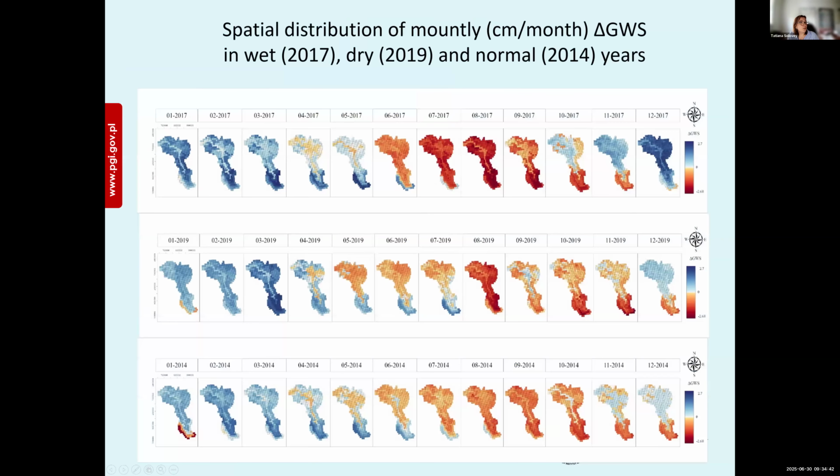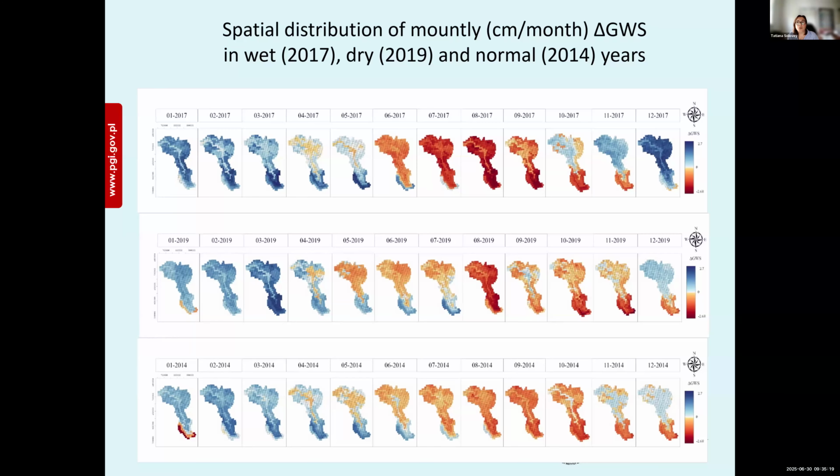The spatial presentation of seasonal anomalies in groundwater storage GRACE reveals regional patterns. The groundwater storage changes begin in areas with shallow groundwater level and gradually propagate toward areas with deeper groundwater level in river valleys, where the depth to the groundwater level reaches up to 2 meters.